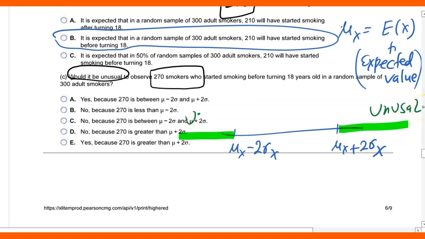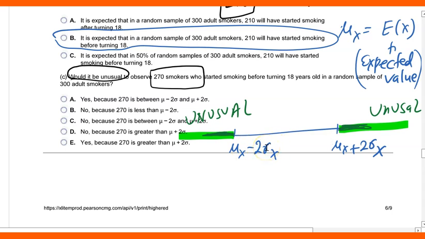Everything which falls inside is not unusual, I should say usual. Notice there is no x subscript for mu and sigma here, but that's the same thing.